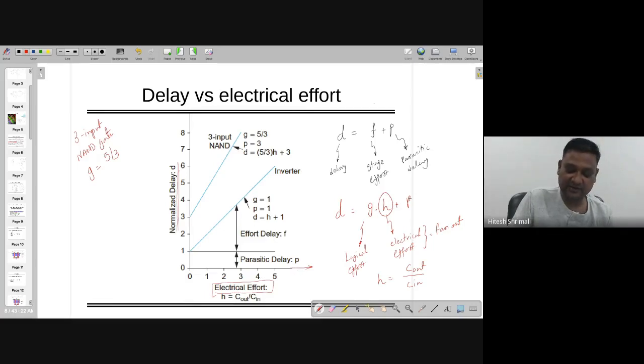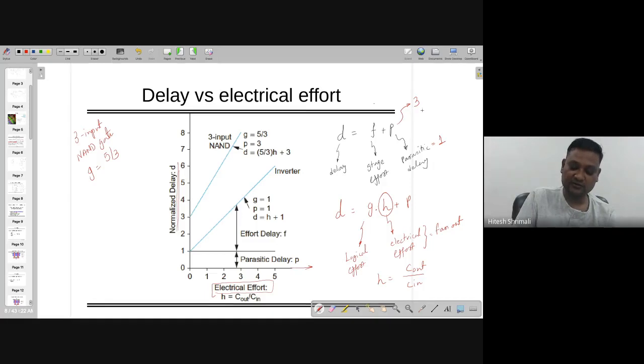Parasitic delay, you can say, depends on as many inputs as you have. So if it's a one input inverter, then parasitic delay is always 1. If it's a 3 input NAND gate, parasitic delay is 3. So these are the normalized numbers.